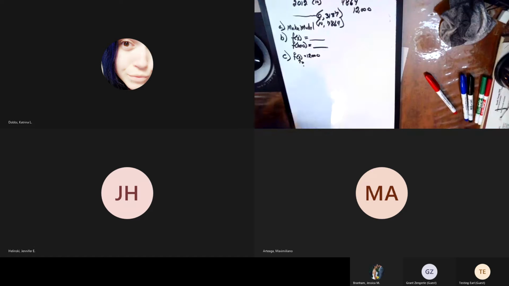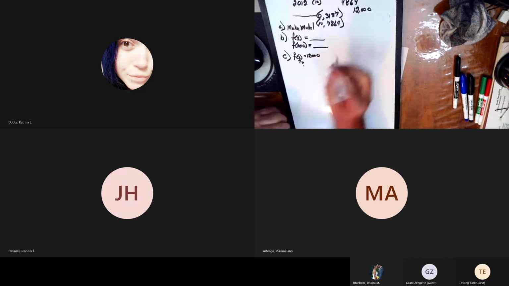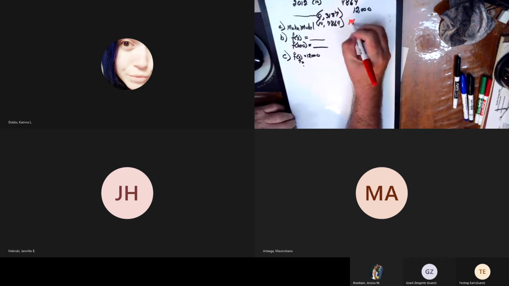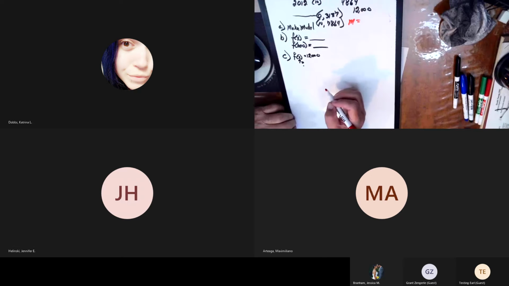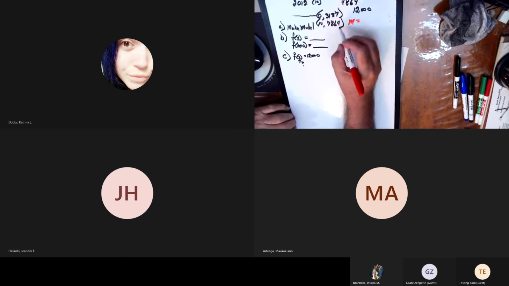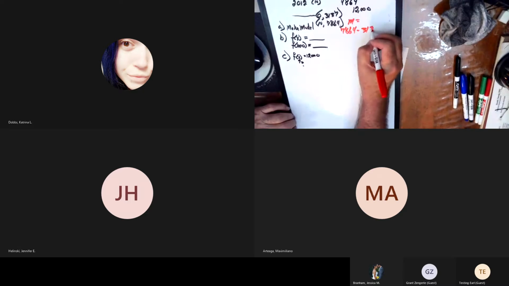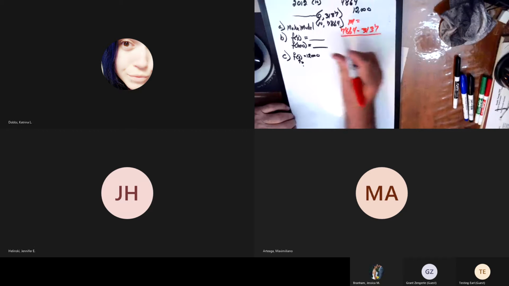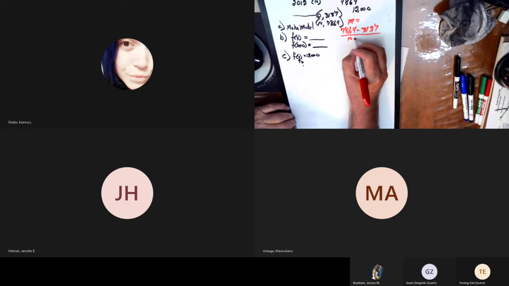All right, so first off, let's make our model. In order to make a model, we need to have what? Always, first thing is slope. So find my slope: y sub 2 minus y sub 1 over x sub 2 minus x sub 1. 7864 minus 3137 over 10 minus 0.